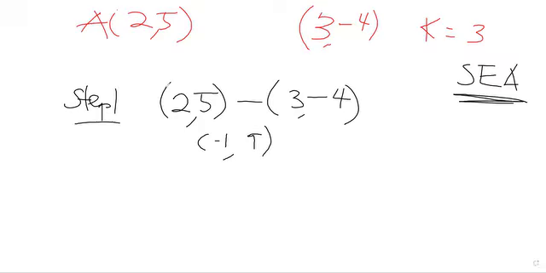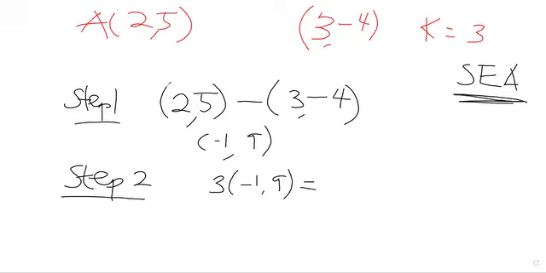Then step 2, we are going to enlarge this by the scale factor k equals 3. I'm going to multiply (-1, 9) by 3. That's 3 times -1, -3, and 3 times 9, 27. So that becomes (-3, 27).